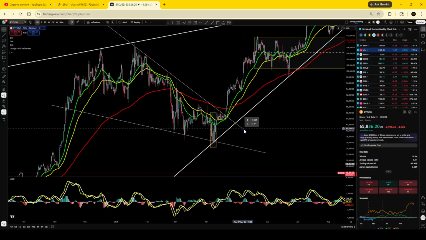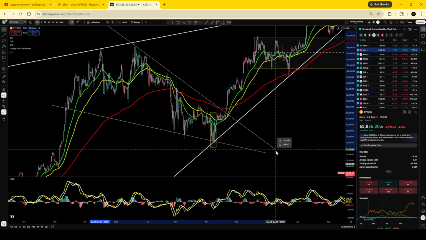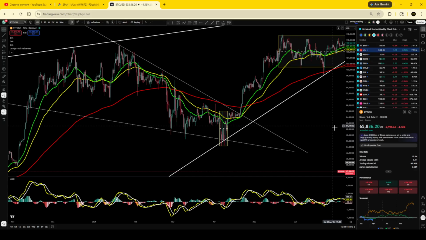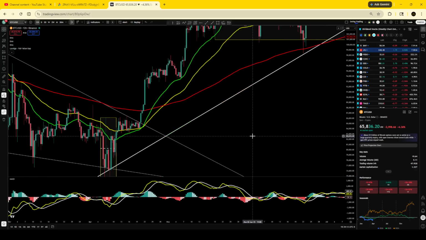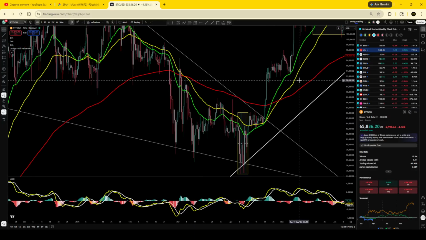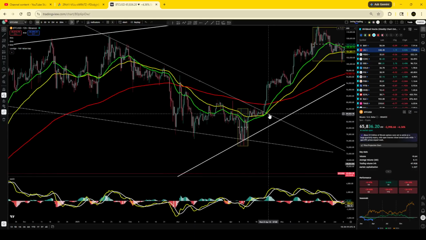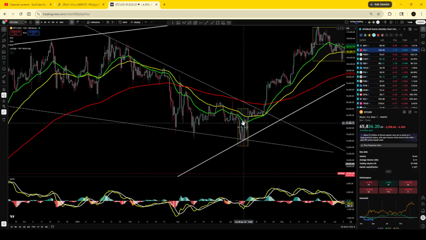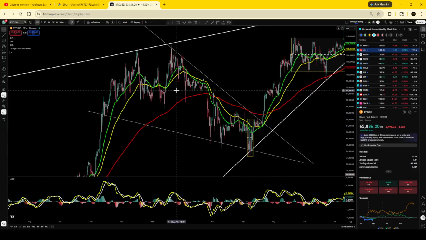Yes, this is the falling wedge right here. I know I keep saying it. But that was another reason why I would have gotten in. That's 1, 2, 3. That's 4 ways on why I got into that trade.